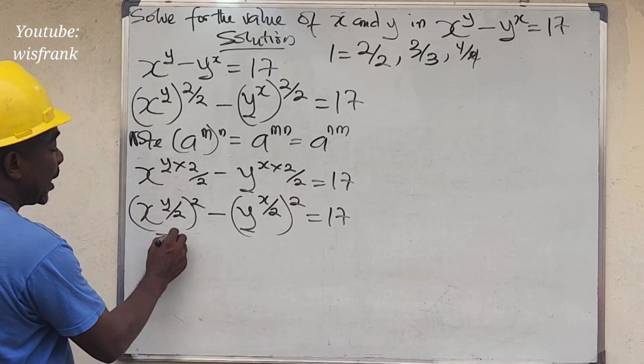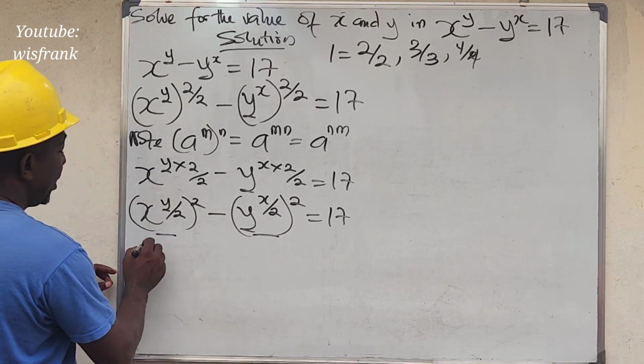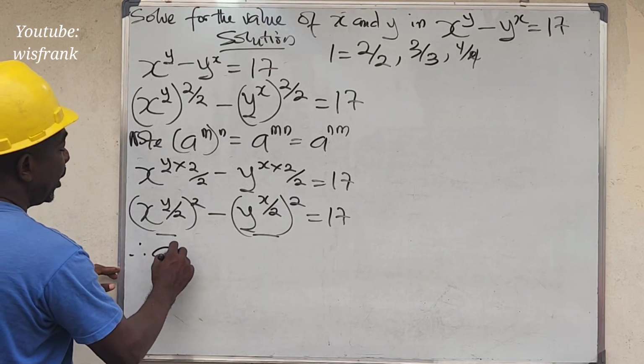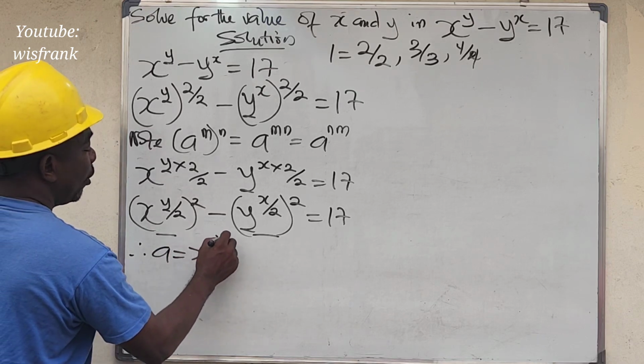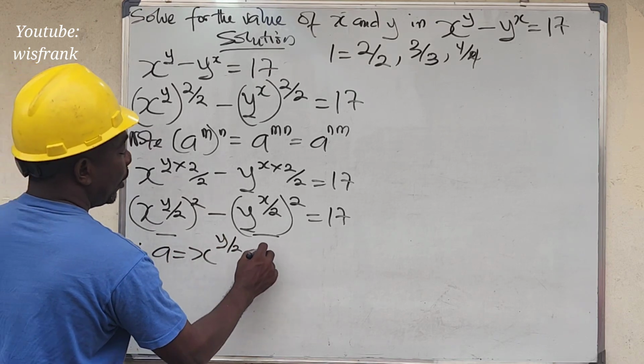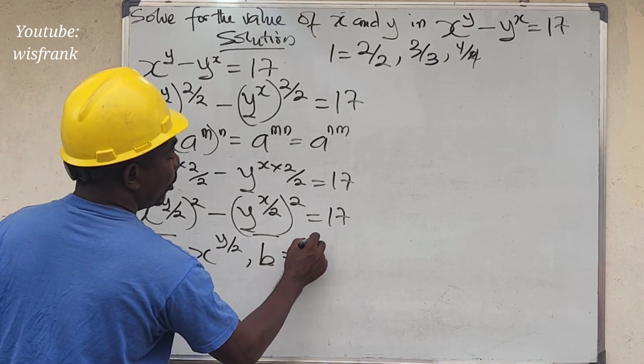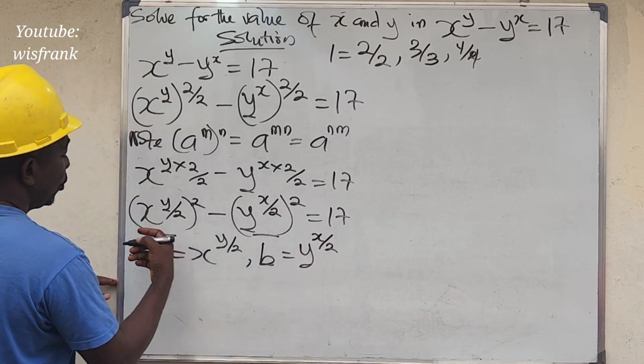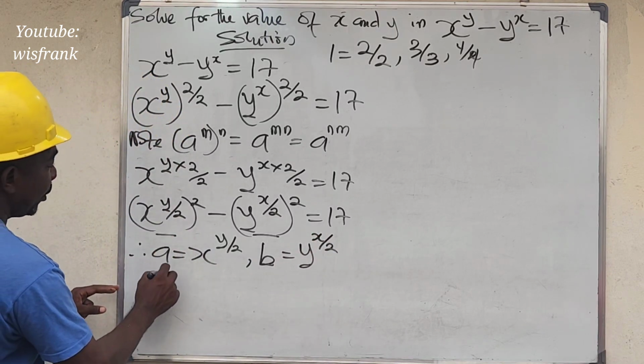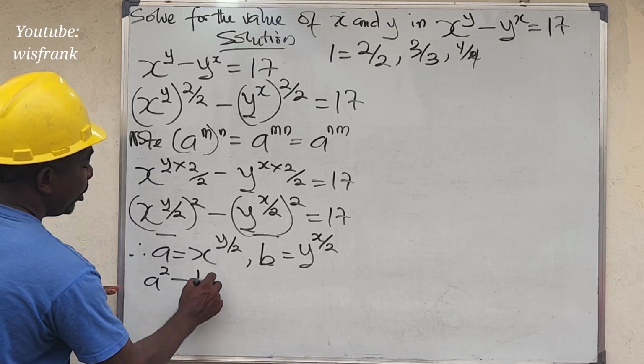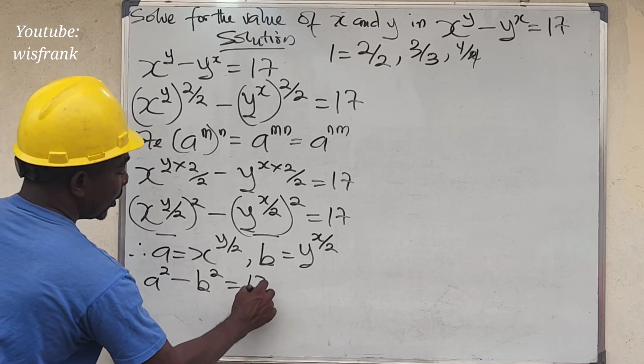Let's set this as a and let's take this as b. Therefore, we have the value of a equals x to the power of y all over 2 and b equals y to the power of x all over 2. So doing this, it can be written as a to the power of 2 minus b to the power of 2 equals 17.